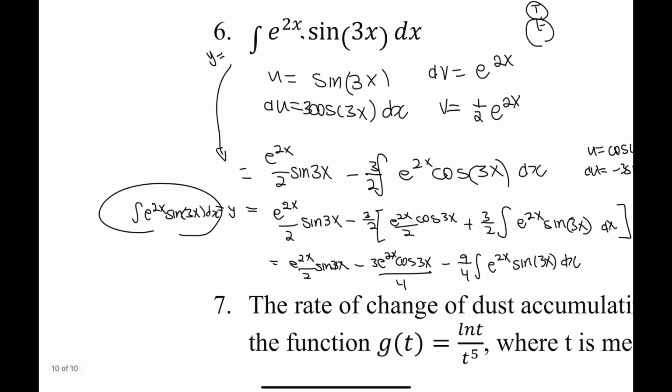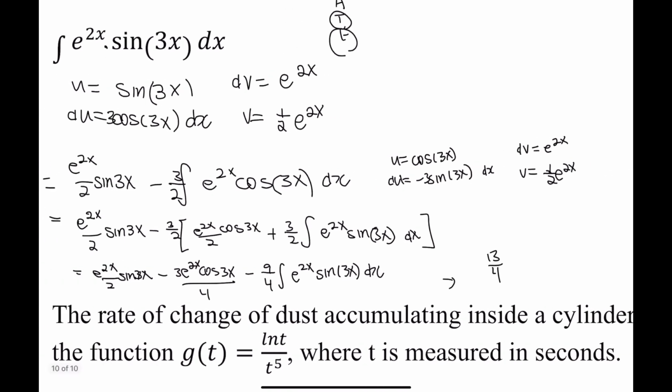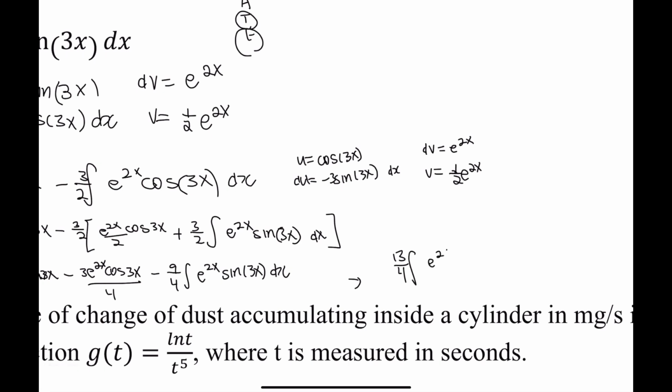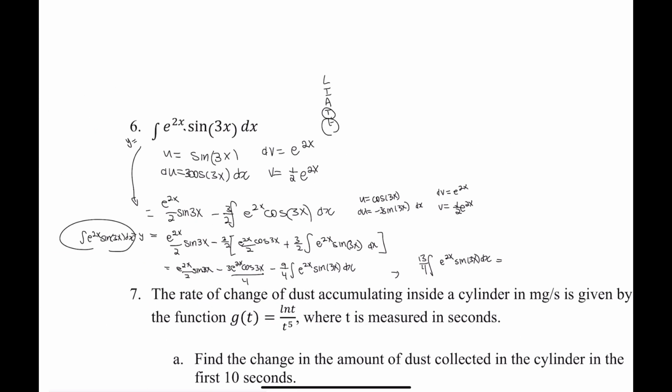So 13 over 4 times the integral of e to the 2x sine 3x dx equals e to the 2x over 2 sine 3x minus 3e to the 2x cosine 3x over 4.